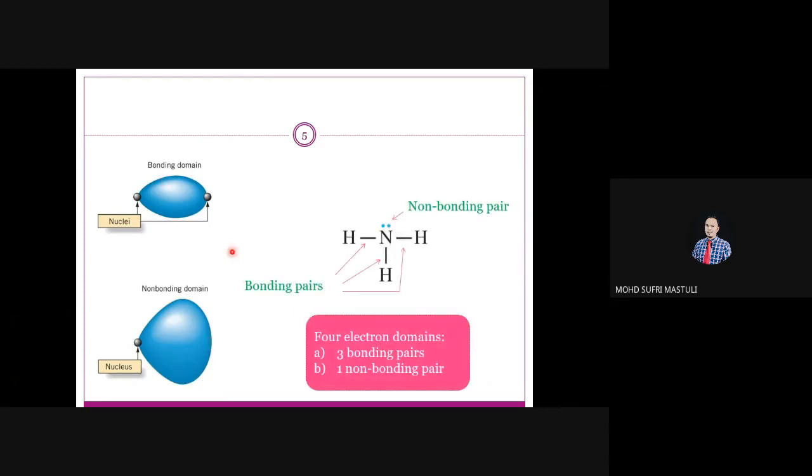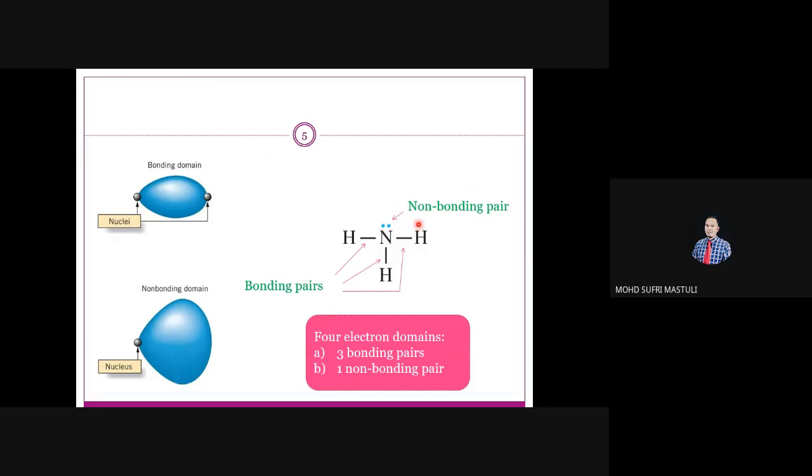So this is the most important point also. If we have any Lewis structure that we draw from the chemical formula, we should be able to calculate how many bonding pair, how many lone pair.